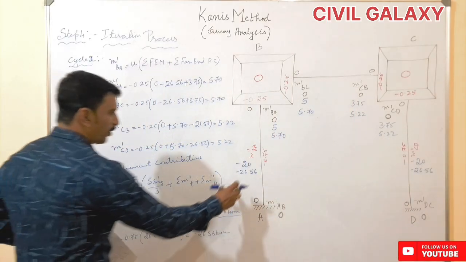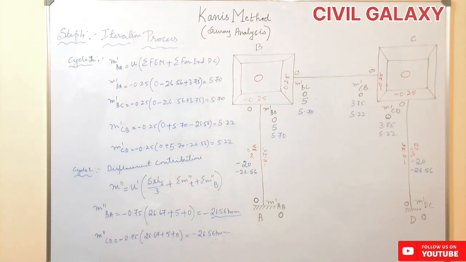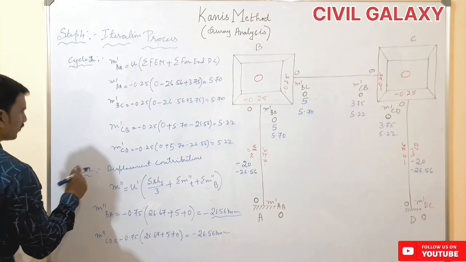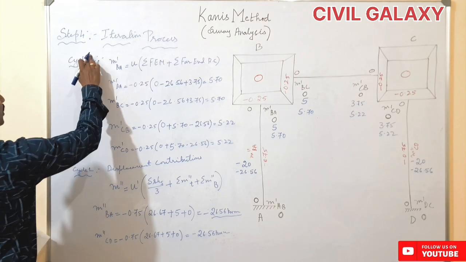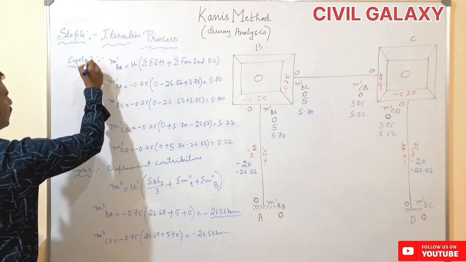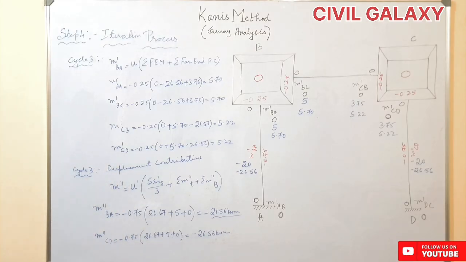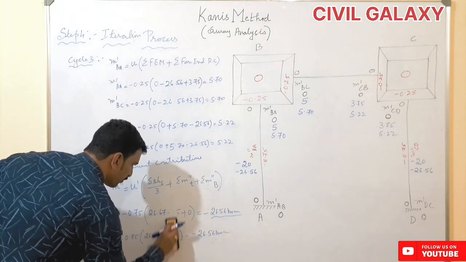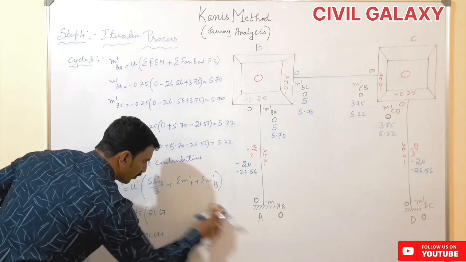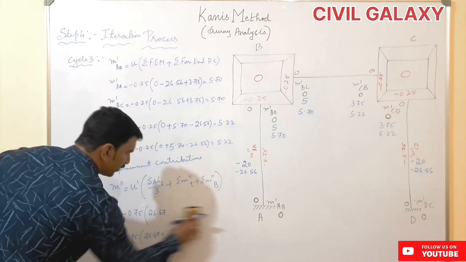So now if you want to find out the displacement contributions for this, this is the third cycle. So this also will be the third cycle. If you want to calculate the displacement contributions, see here.